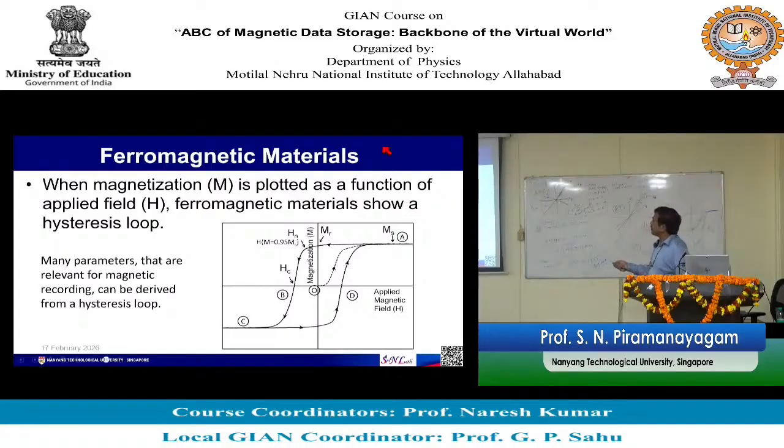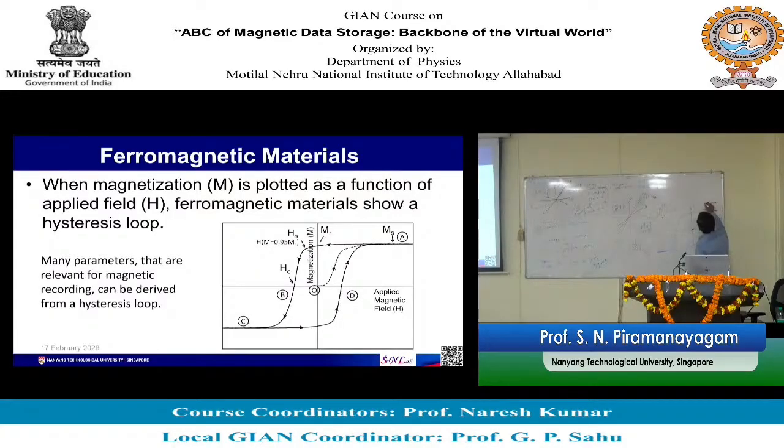One parameter is called the saturation magnetization. This is the magnetization that we got after we saturate the sample. At this field, all the spins or all the magnetic moments are parallel to your applied field.